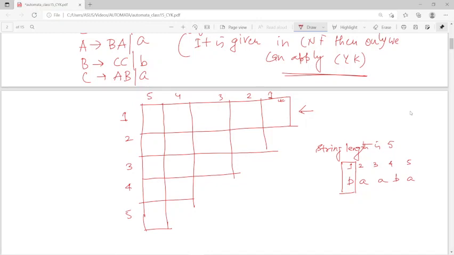Now what we will see is from what variable B can be generated.